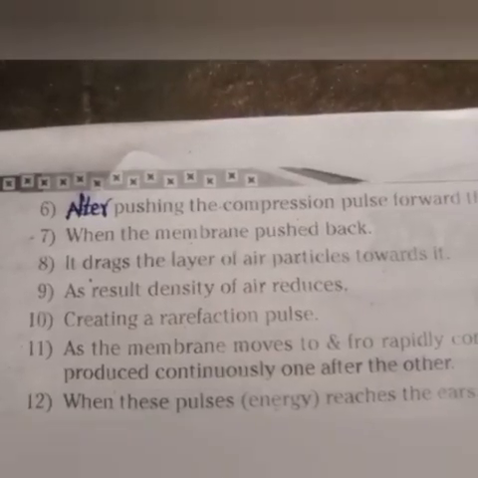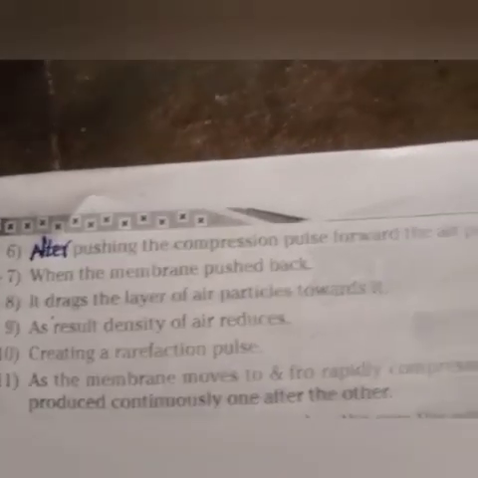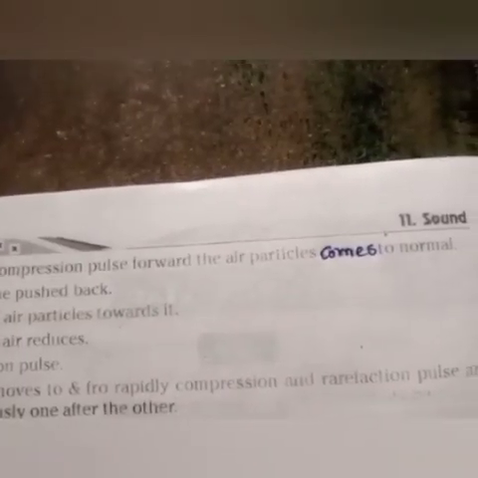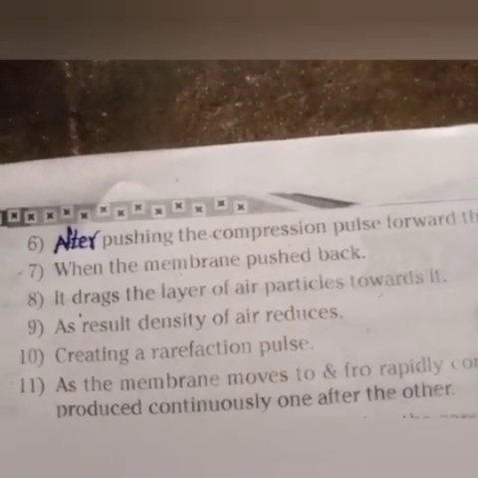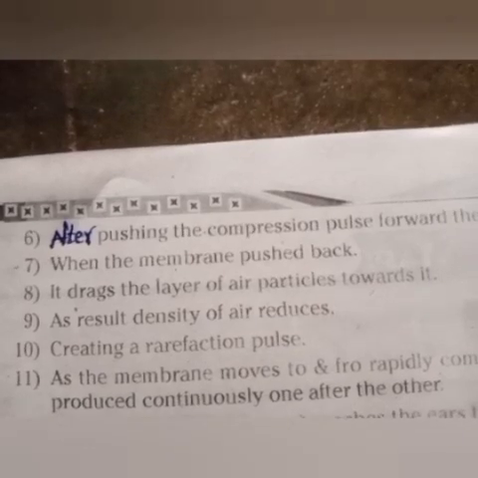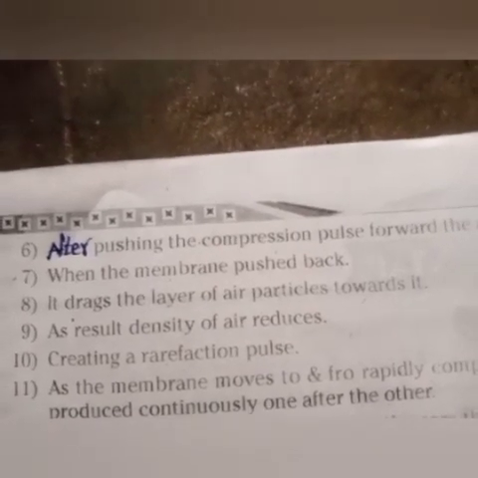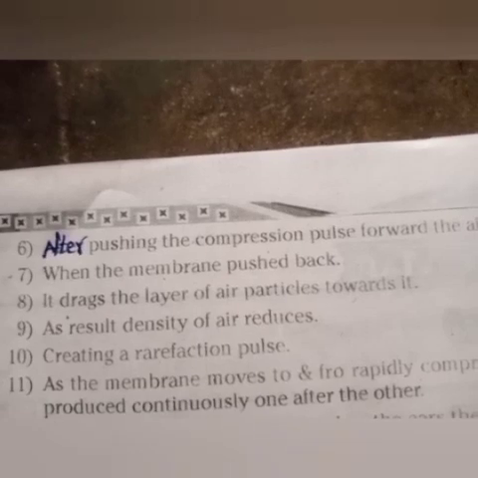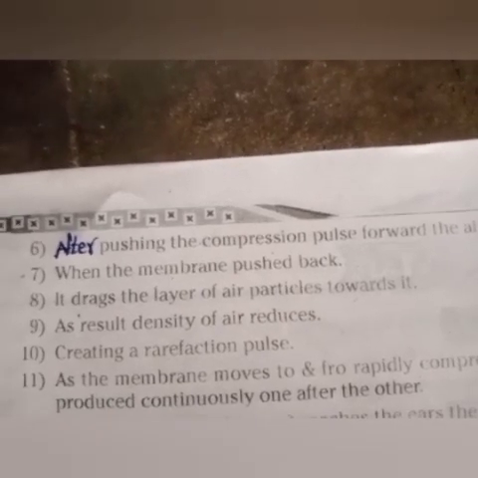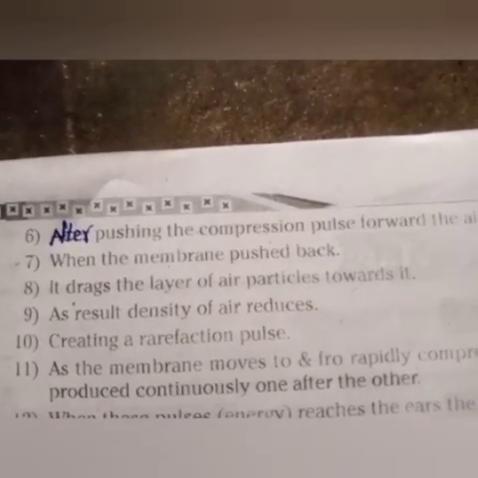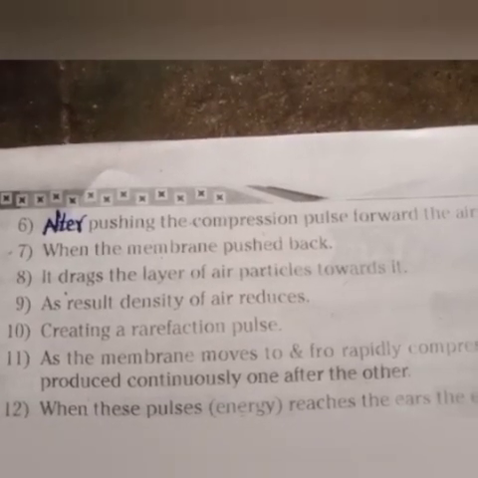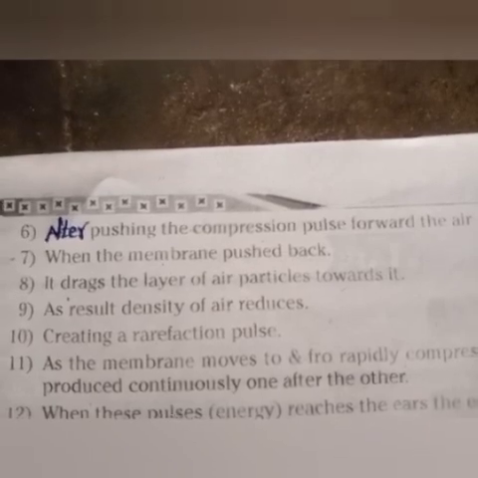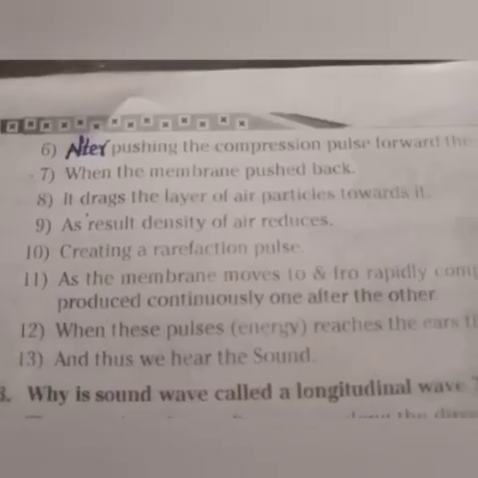Sixth point. After pushing the compression pulse forward, the air particles come back to normal. Seventh point. When the membrane is pushed back, eighth point, it drags the layer of air particles towards it. Ninth point. As a result, the density of air reduces. Tenth point. Creating a rarefaction pulse. 11th point.